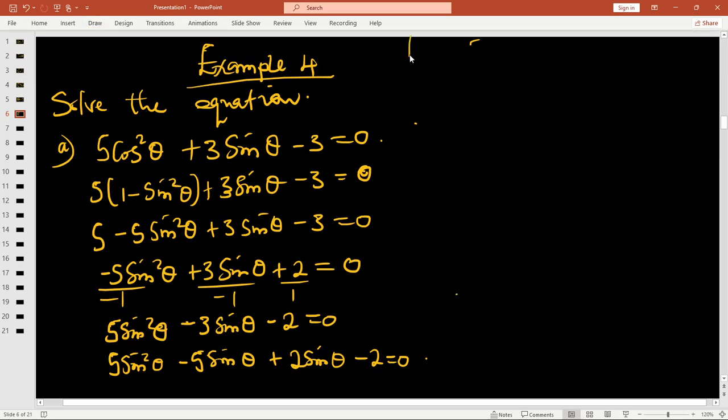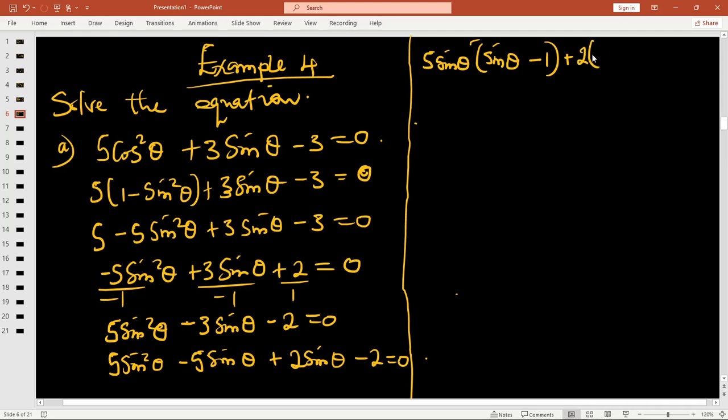Alright, so here now the common factor is 5 sine theta, so we're going to have 5 sine theta, open brackets, sine theta minus 1, plus, then we check this side, so 2 is common there, so we're going to have 2 open brackets sine theta minus 1 equal to 0.